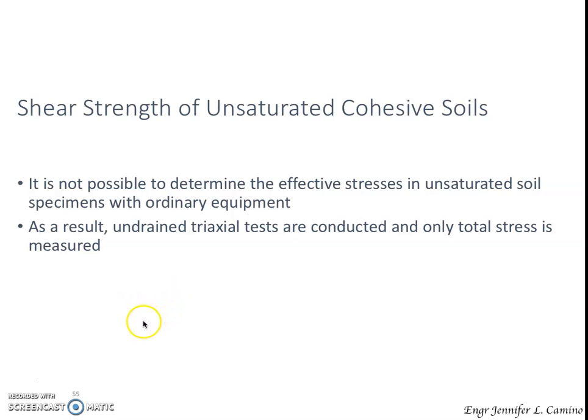So the common practice is to conduct an undrained triaxial test on the unsaturated specimen and measure only the total stress. So the failure envelope is generally curved, because the higher confining pressure causes higher compression of the air in void spaces.